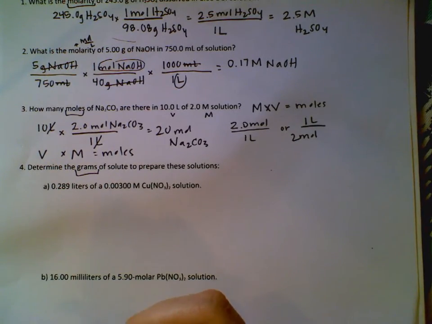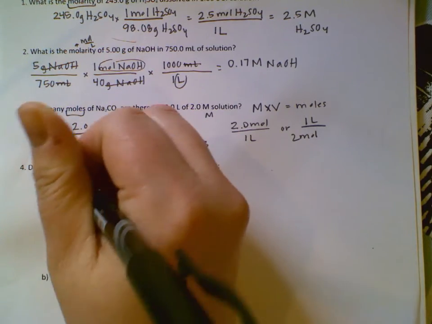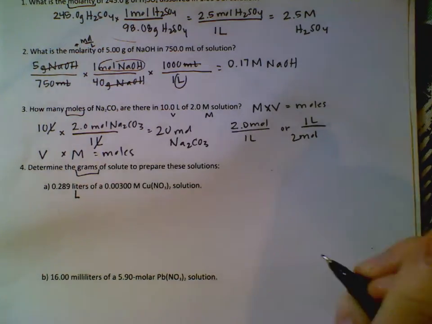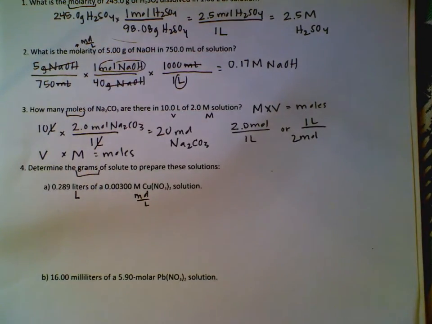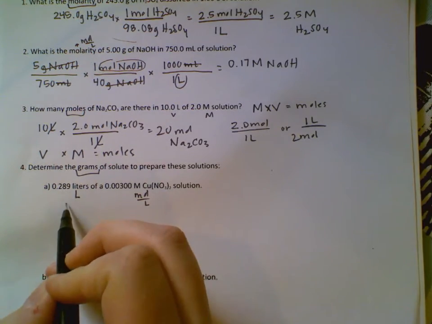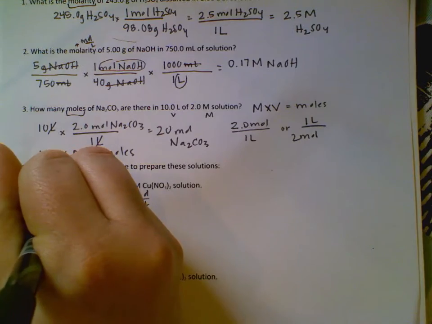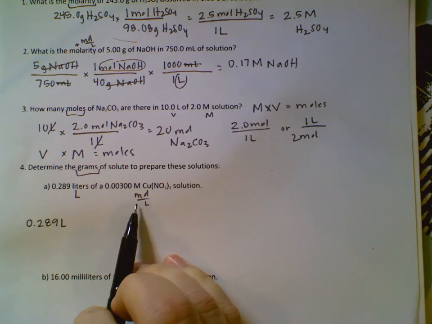So again, I personally like to start off problems that don't have a fraction in them. So liters is just 1 unit on its own. Molar is moles per liter. So I always start off my problems with just the single unit number there. So I'm going to start off with 0.289 liters of my particular solution, and I am going to multiply it by my molarity.